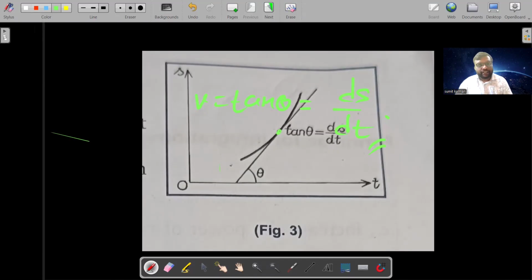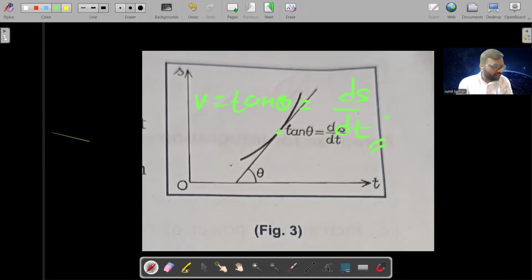Just like we determined the slope of the curve between variables x and y, where dy upon dx was equal to tan theta, here v is equal to tan theta is equal to ds upon dt. You can compare from that.